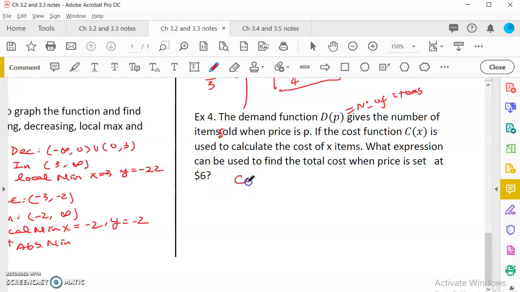The cost would be equal to C of D of P, right? Because this is the number of items and this X is the X items, right? So if your price is 6, then you would say C of D of 6. And that would give you the cost.